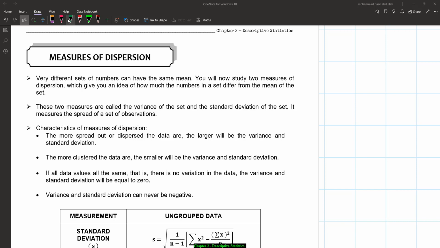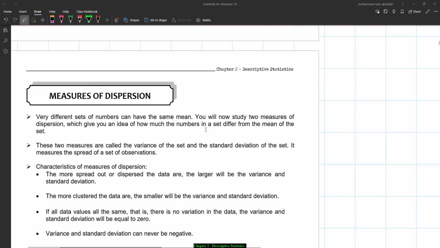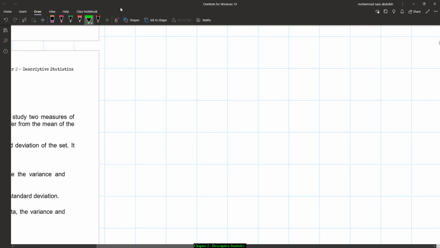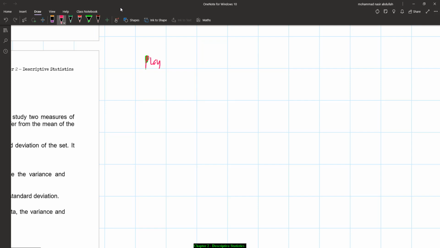Now, assume we have two situations here. Let's say I go to a playground, playground A and playground B. In playground A, I have 10 children, and in playground B, I have 10 children as well.